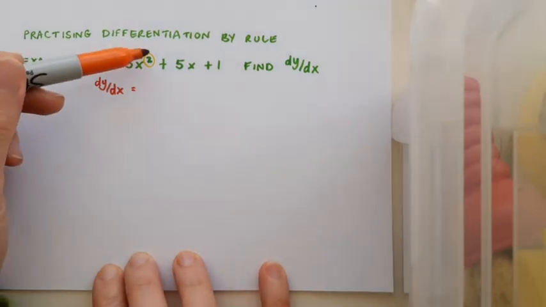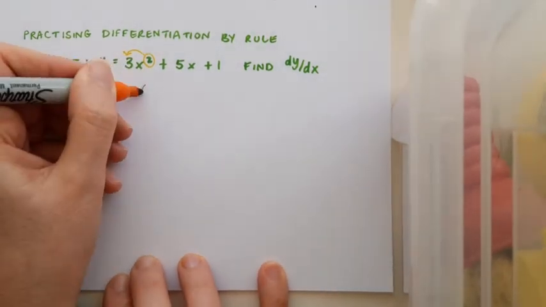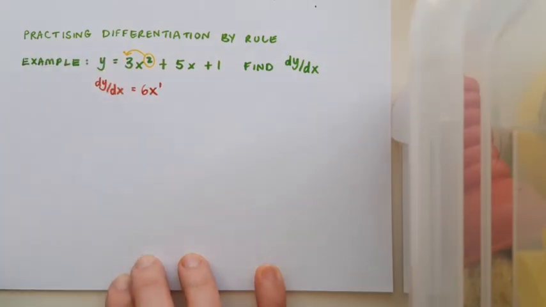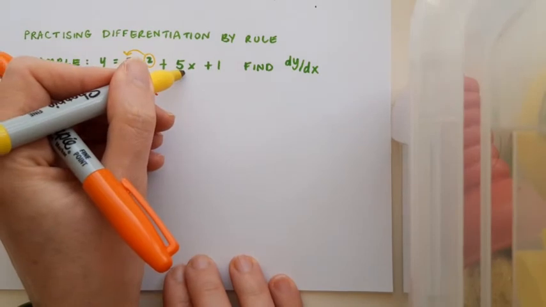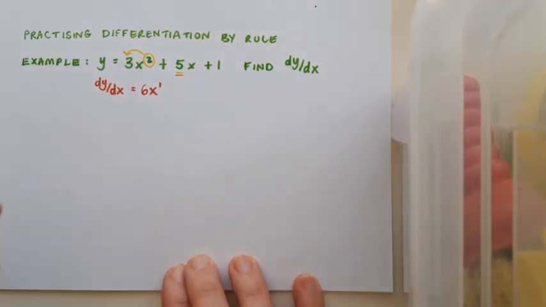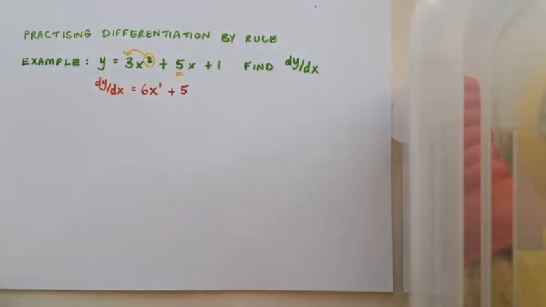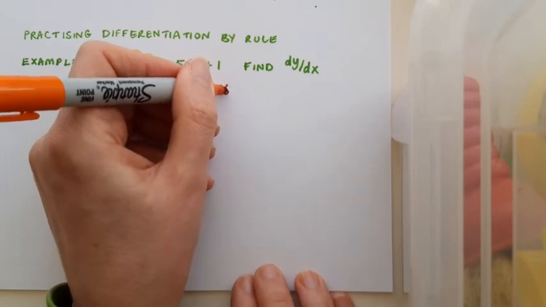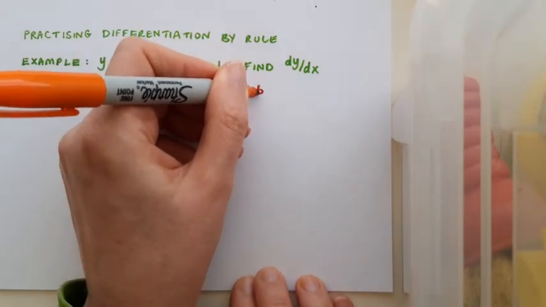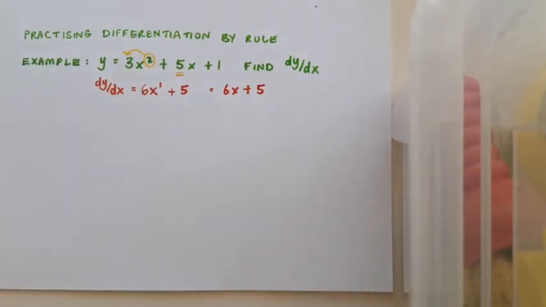So when that 2 comes down and multiplies by the 3, it's going to give me 6, and my power reduces down to 1. The x term, I'll drop the x and just keep the coefficient of the x. The 1, the constant, I drop completely. I can tidy up a little bit because that power of 1 isn't strictly necessary, so I can say 6x plus 5.